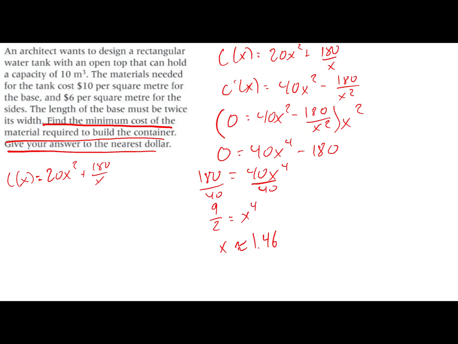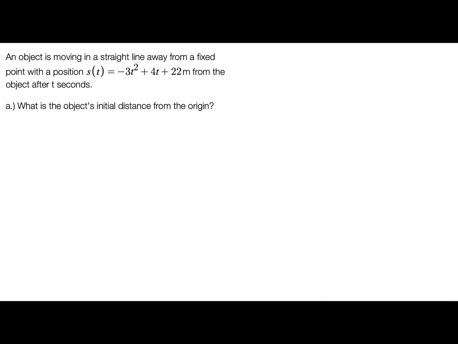We got 20 times our x value squared plus 180 divided by that value, so we're doing c of 1.46. I got that was equal to $166.01. Good for us.